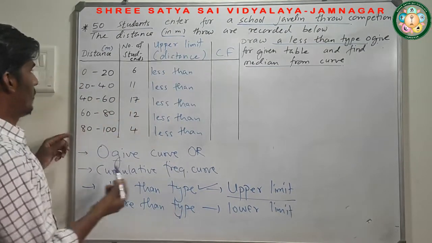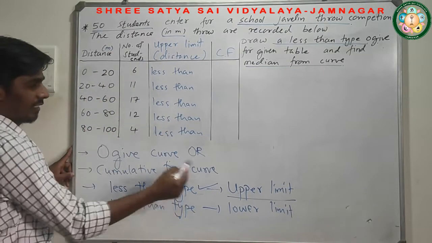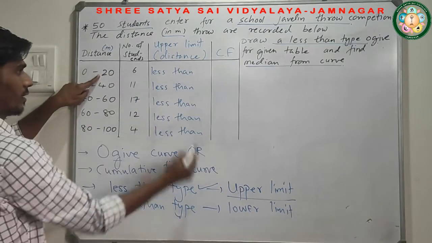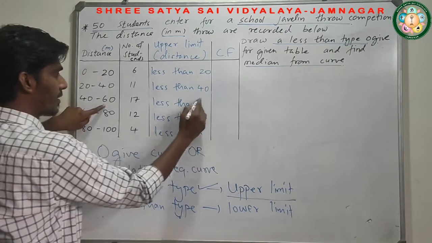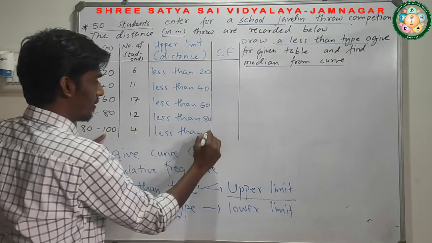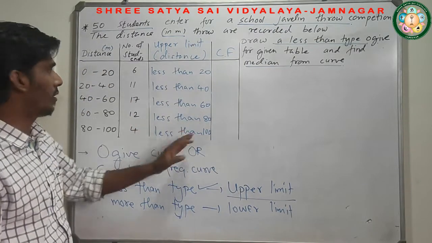Upper limit. Which are the upper limit? These are the lower limits and these are the upper limits. In less than type, always you have to write upper limit. So all these values I am going to write here: less than 20, less than 40, less than 60, less than 80 and less than 100. So these are the upper limits I got from the class.